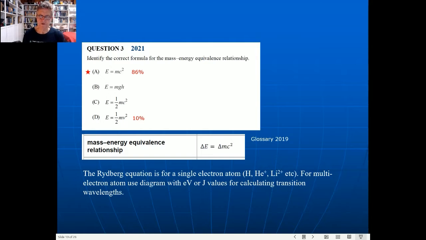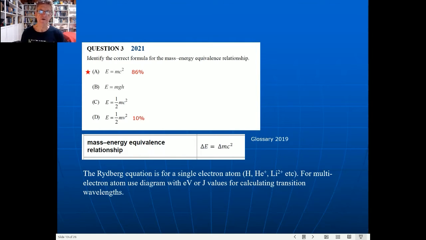While I'm at it, I should mention that students often use the Rydberg equation to work out something about energy transitions and the spectrum, or the colour of the light, wavelength of light produced during a transition from a particular level to another.